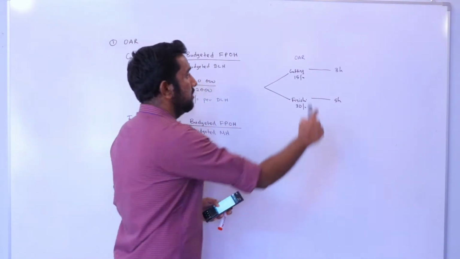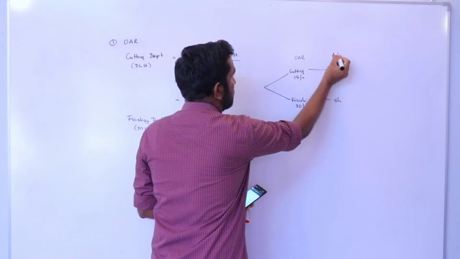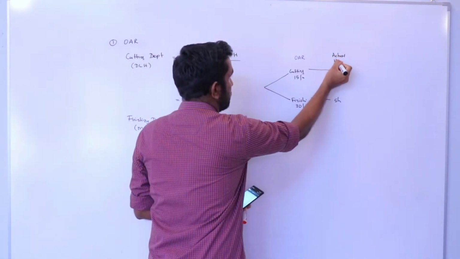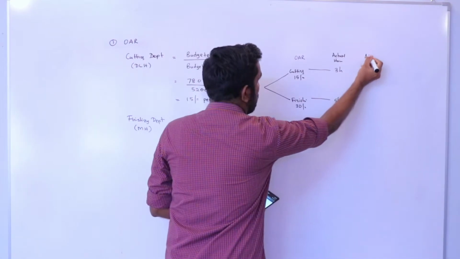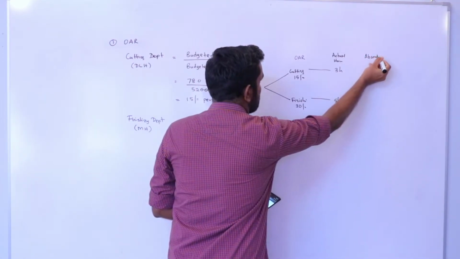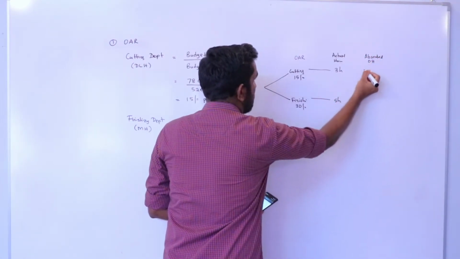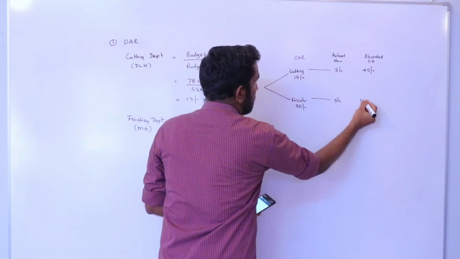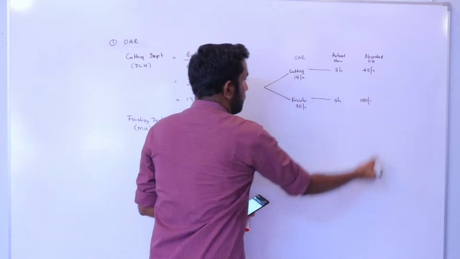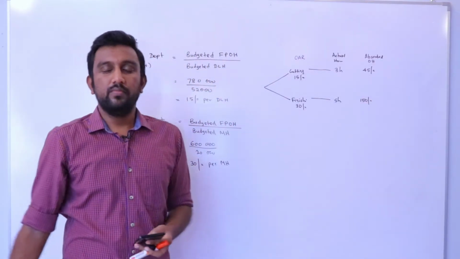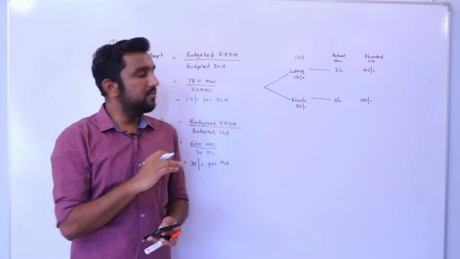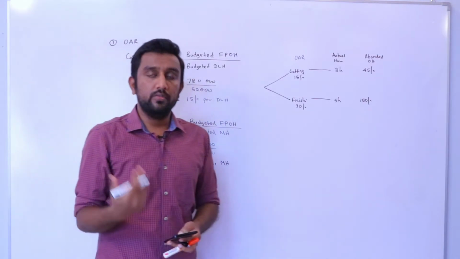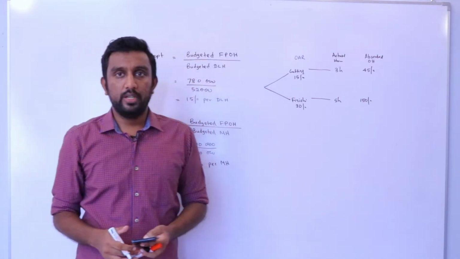So what is this? This is actual hours. So your absorbed overhead is 45 and how much? 150, right? So this is the working. So this is not the answer. I am just doing the working to find the absorbed overheads.